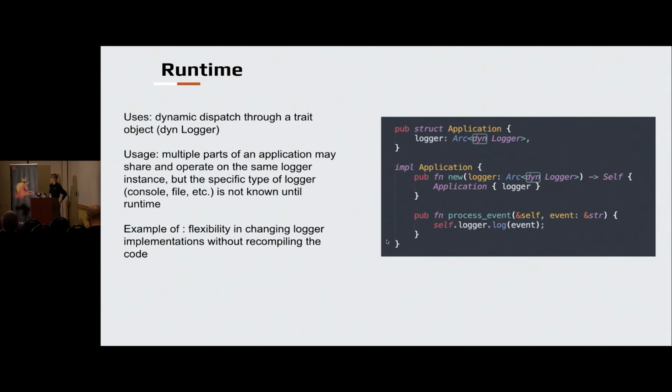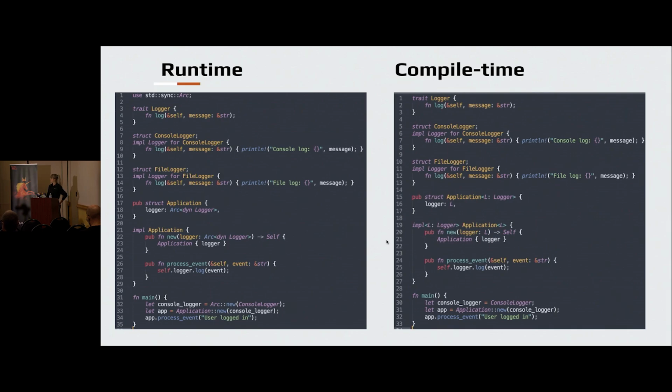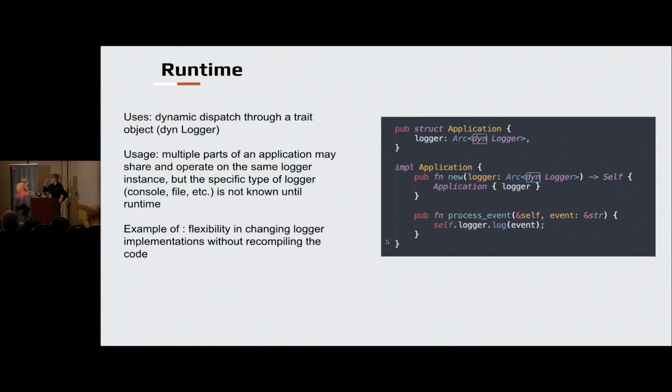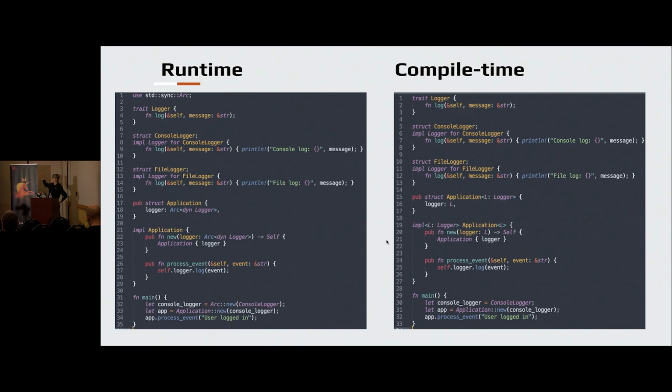So basically, you see that on this side we have a trait. We added dynamic dispatch, and then we can see that through the entire application code, we have different types of loggers: file logger, console logger.